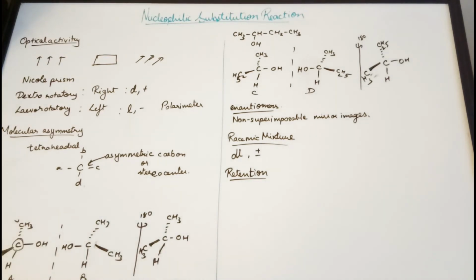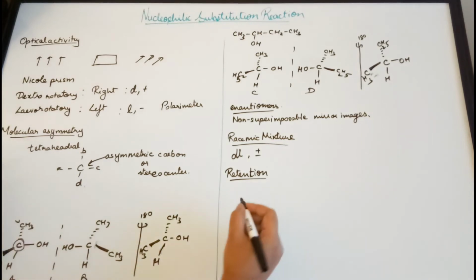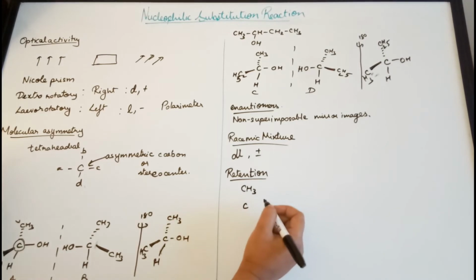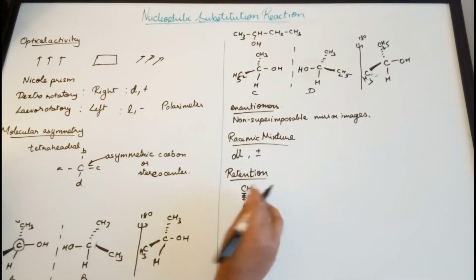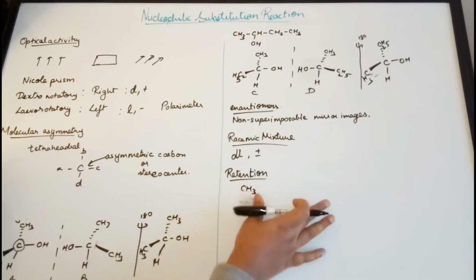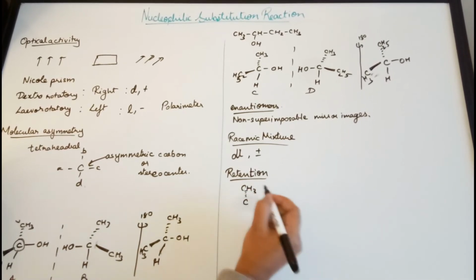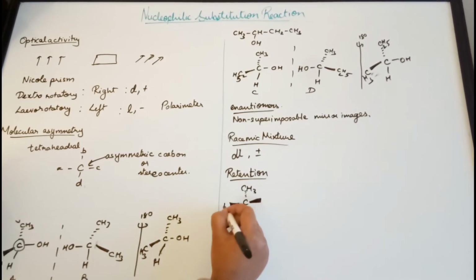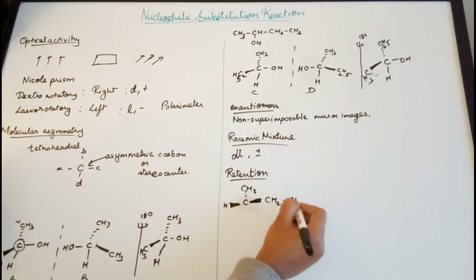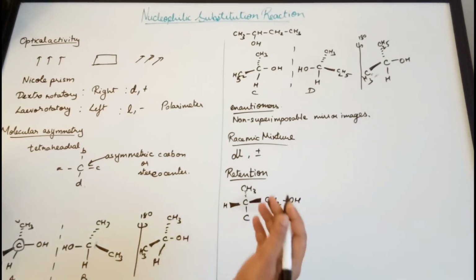So let's take the example of the reaction of 2-methylbutan-1-ol. We have a stereocenter at the second carbon atom. This carbon atom has a dotted line, which means the CH3 group is behind the plane, whereas these two wedges show that the hydrogen as well as the CH2OH are going to be towards us.